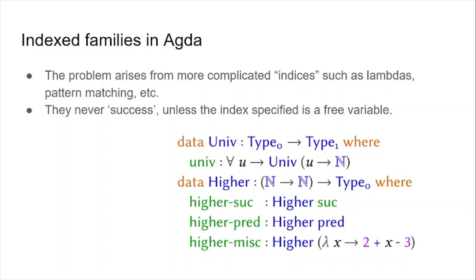Only when the types are applied by a free variable can they be pattern matched against. For example, simply trying to pattern match on the type of the listed constructors will lead to a unification failure.